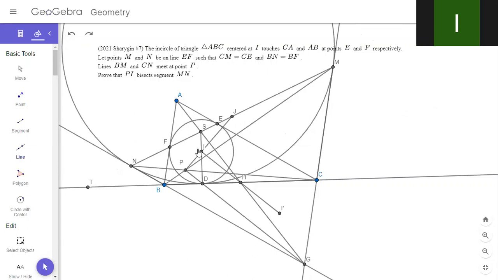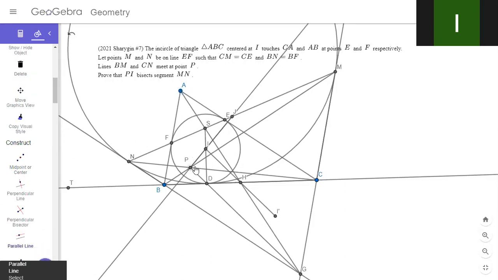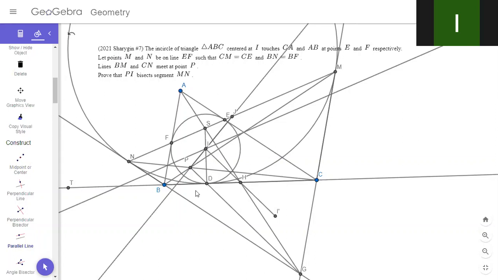I've always been wondering, where does IP meet BC? Maybe it might be the perpendicular from A to BC. No. But then you'd also need the parallel through I to MN, which is also the perpendicular to AI. So there would be a couple different points in that.